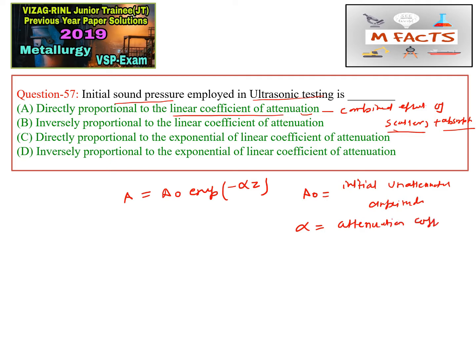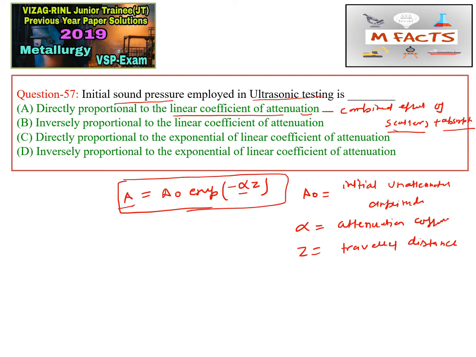So from here you can observe the relation between this A and this alpha. Z is the traveled distance. This is the formula which you can relate to ultrasonic testing. A is basically sound pressure, also known as signal amplitude, and A naught is the initial unattenuated amplitude. Alpha is the attenuation coefficient, also known as the linear coefficient of attenuation.